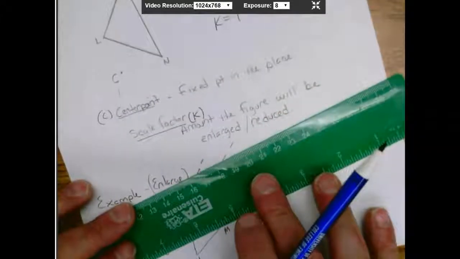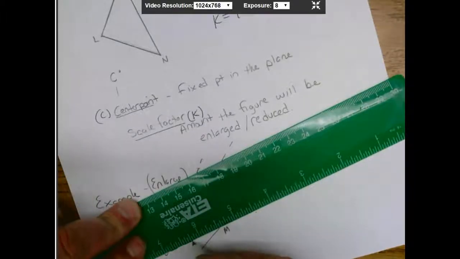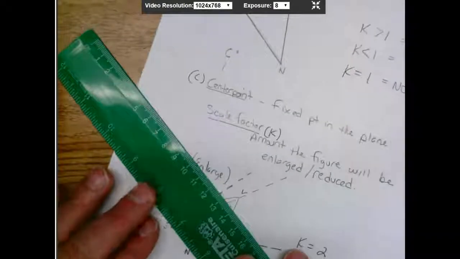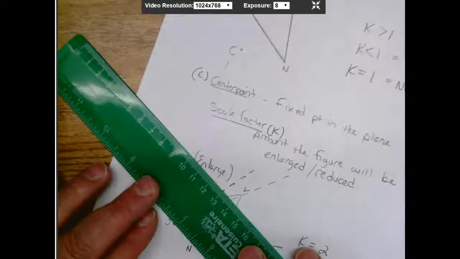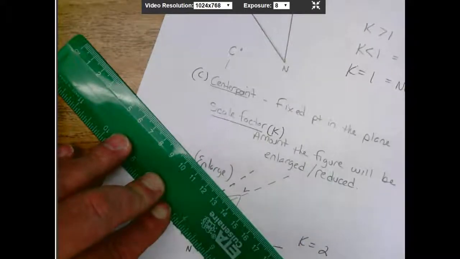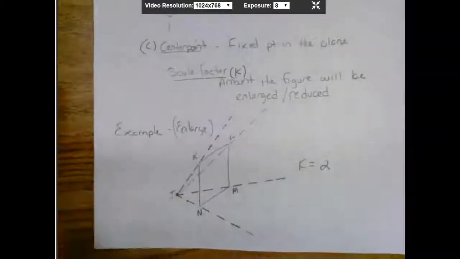Then we're going to do J to M. And then we're going to do J to N. Okay, so then we got that, and we're done.